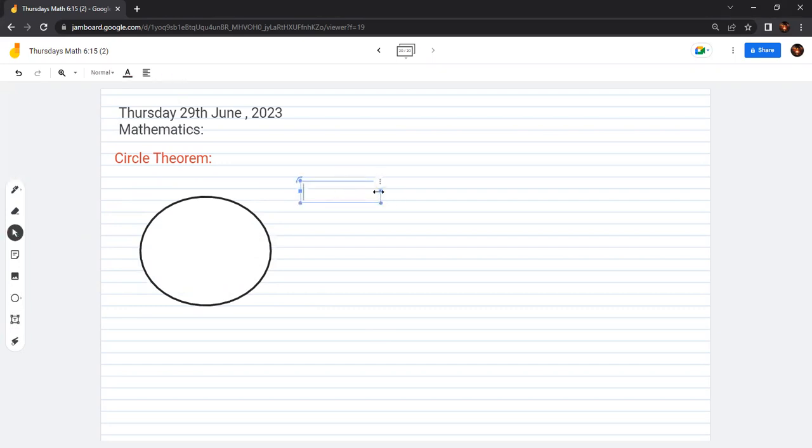Let's pretend you're walking around a circular field. From the start, walking around and ending where you started, that distance around, or the perimeter, has a special name, which is known as the circumference.